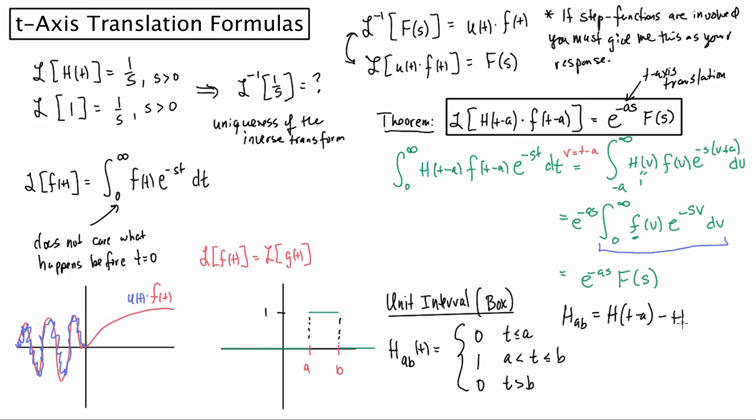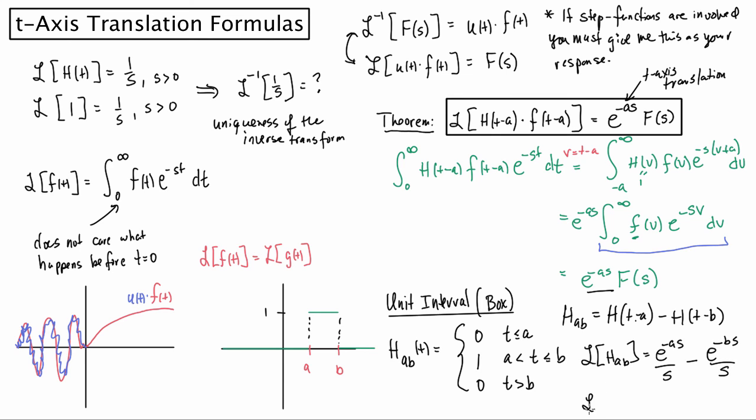So minus turns off at time b, which means that the Laplace transform here, using the formula above, of h of ab is equal to, for this first one, you get e to the minus as over s, minus here you get e to the minus bs over s.